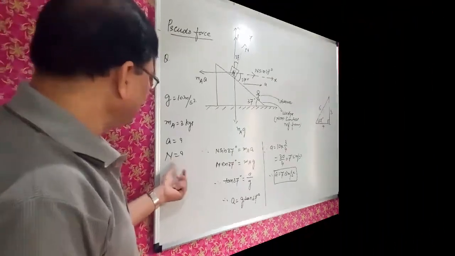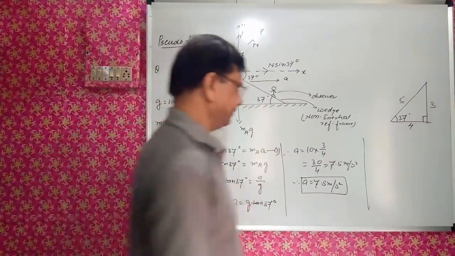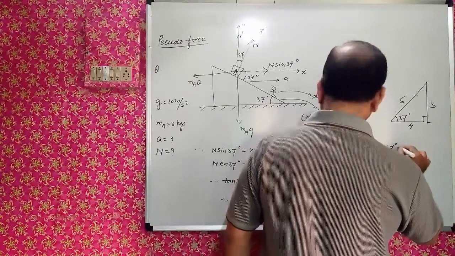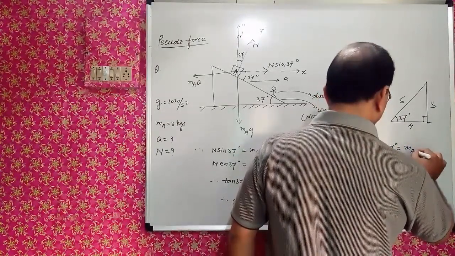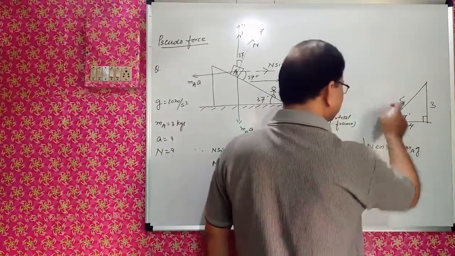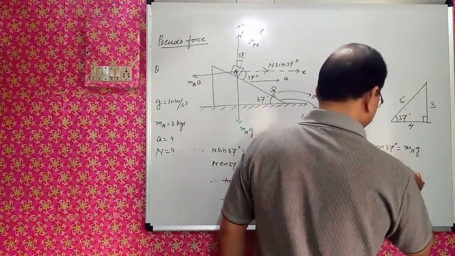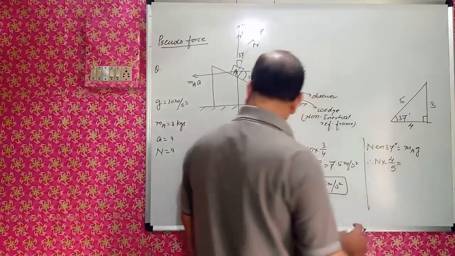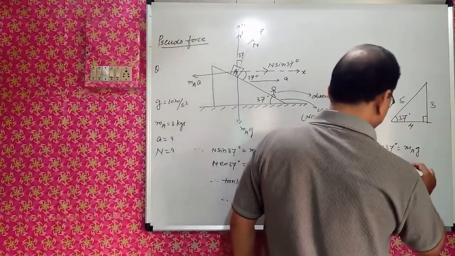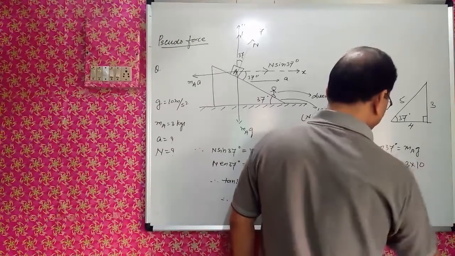We can find the normal from N cos 37. That is, N cos 37 degrees is equal to mg. Therefore, N into cos 37, which is 4 by 5, is equal to mg. m is 3, right? So 3 into 10.